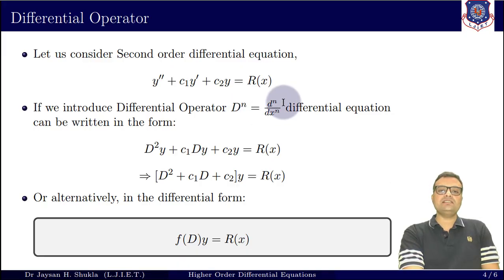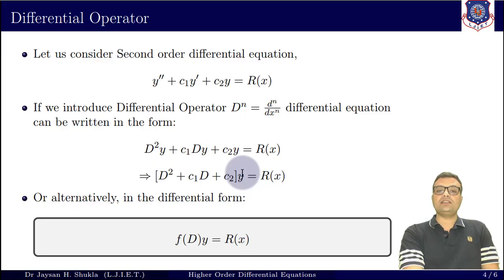Now, if we consider this differential operator, let us see how this equation is going to change. This y double dash will be D squared of y, this y dash will be D of y, and this y will remain as it is. Along with the constants, it will give you the differential equation D squared y plus c1 times Dy plus c2 times y equals R(x). You can take this y outside on the left hand side.